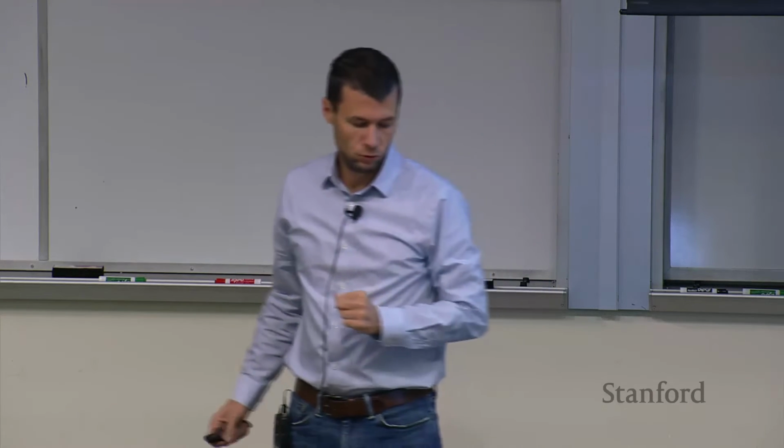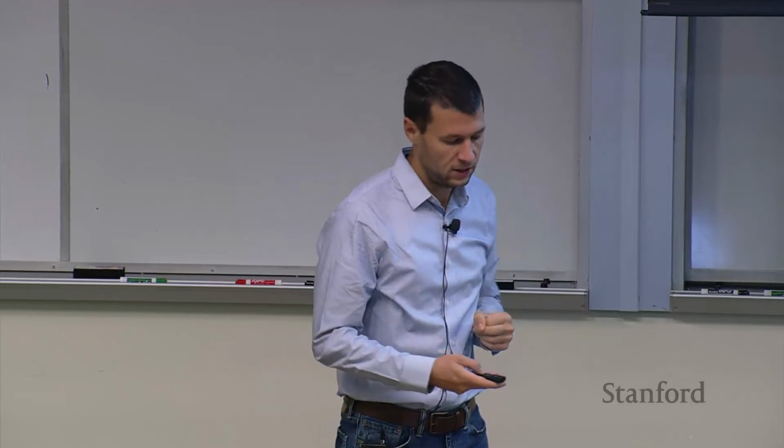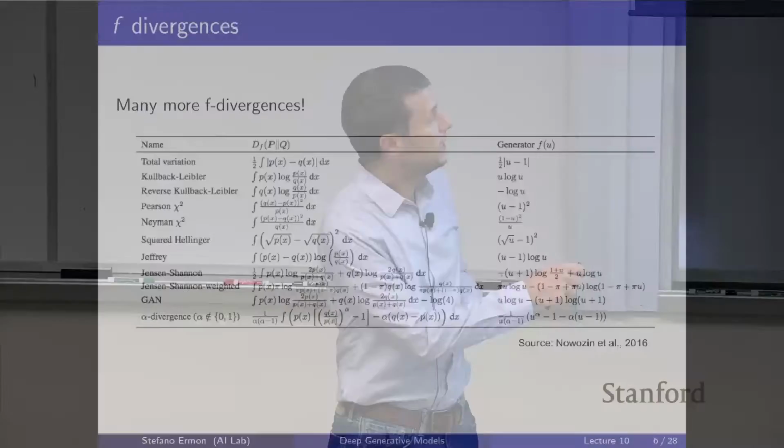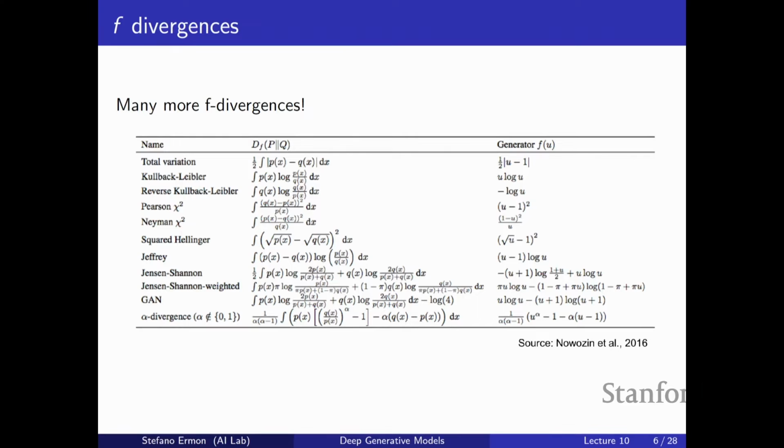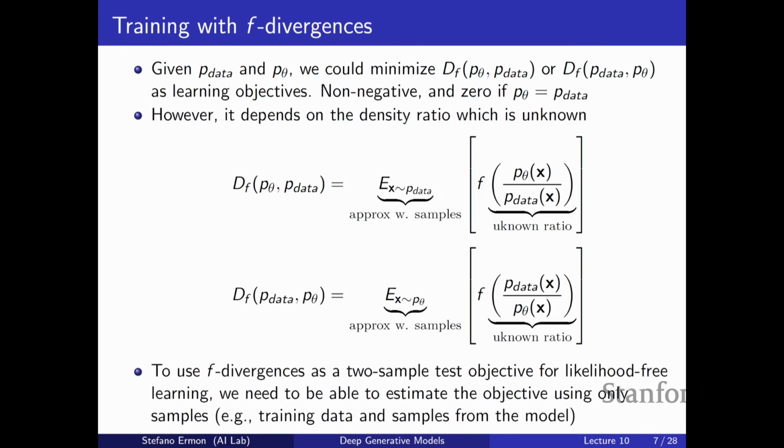The reason we were able to do it for the Jensen-Shannon divergence is exactly what we're going to see now, which is a way to reduce this expectation, which looks like something you might not be able to compute. If you have an optimal discriminator, intuitively the optimal discriminator computes these density ratios for you. And so that's how you get around it.